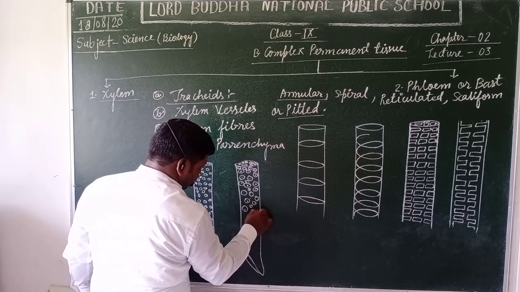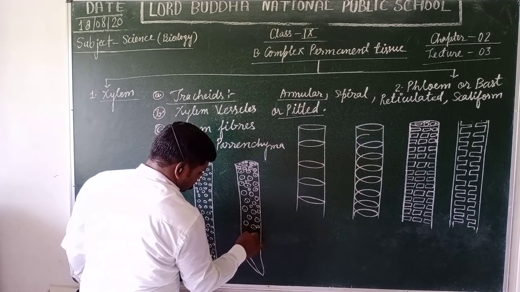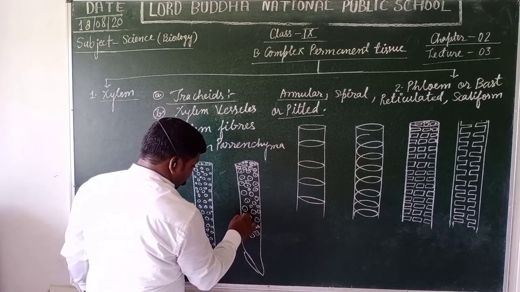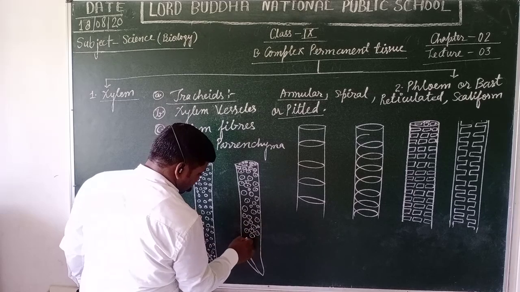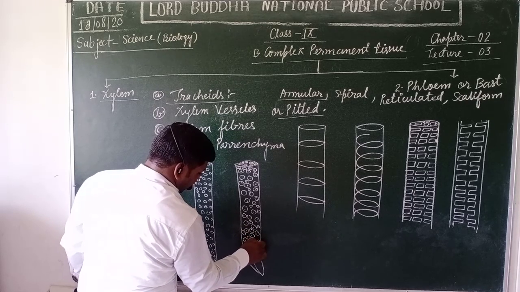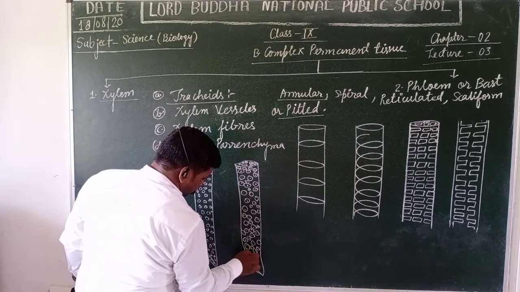These pits containing the sclerenchyma fibers not only provide the passage and translocation of water and minerals, but also help in providing mechanical strength to the plant body.